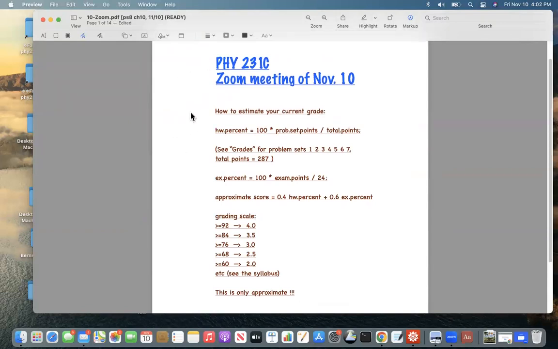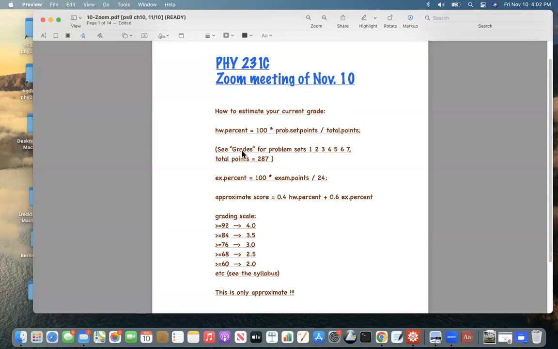Now, remember, this is somewhat not accurate because it only has two midterm exams. There'll be another midterm exam plus the final exam, plus some more homework assignments. So the course isn't over yet, so you can't determine what your grade is, but this will give you an estimate of how you're doing so far.